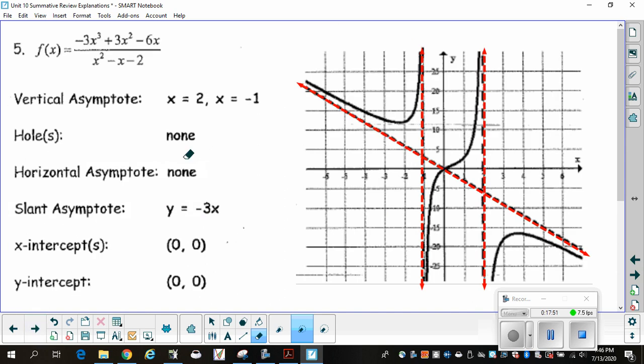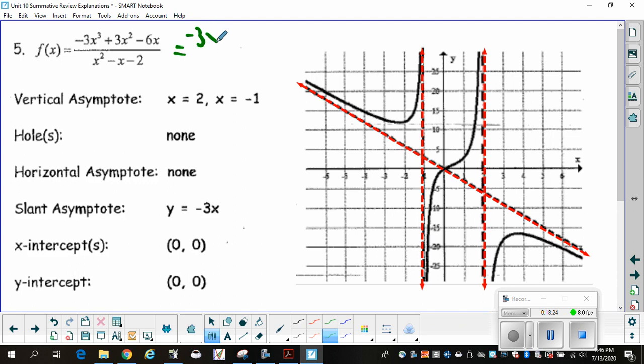Number 5. Okay, here, and to speed this up a little bit, just because this is the review, and we're doing all the same things, I'm going to go back to the regular pen, because this is getting a little bit too crazy. We can look up here, and we're going to get negative 3 out.